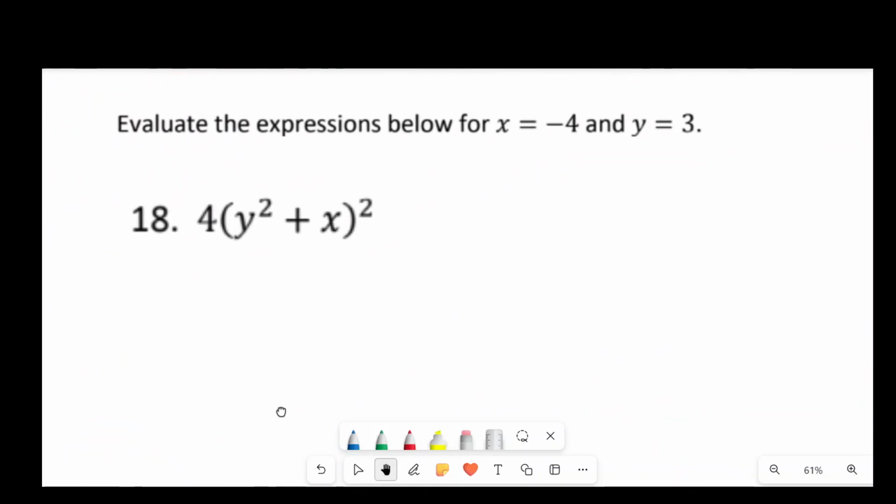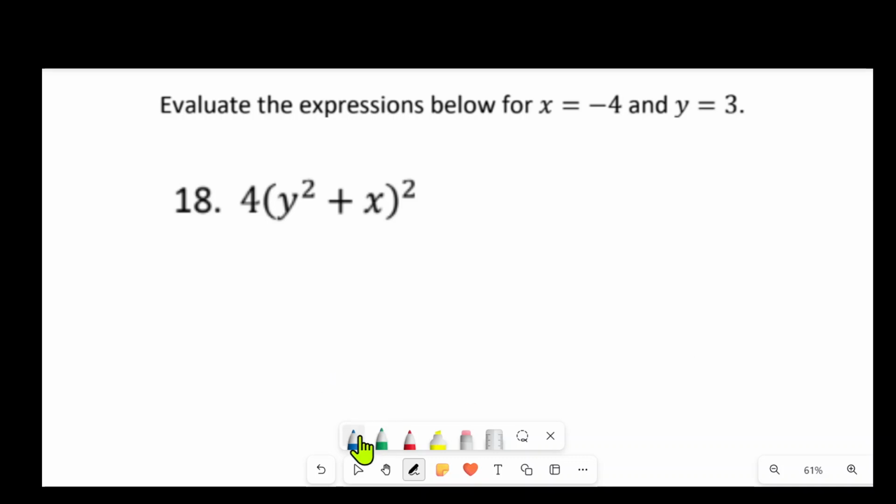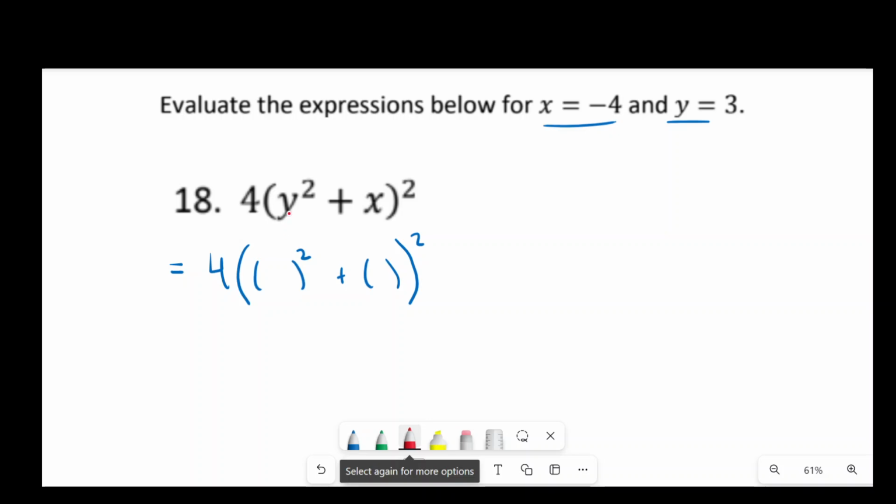And I think I've got one more that I want to do in this video. It's question 18. Again, we're going to be substituting values for x and y. But first, let's worry about one thing at a time. I have 4 bracket y squared plus x, and then close the bracket squared. I need to substitute for y the value of 3, and for x, -4.